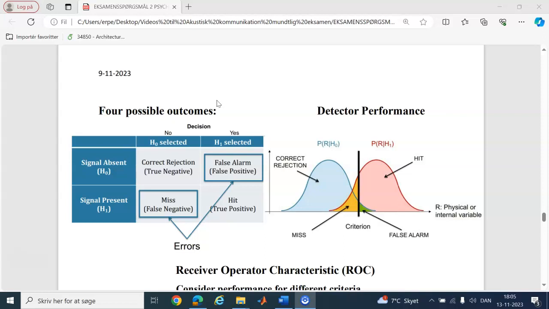So we are under this P(R|H0) curve with an area. But if signal is absent but we select that there is a signal, then we have a false alarm. This is a small green area on the figure. The other one, correct rejection, was the blue one under the P(R|H0).